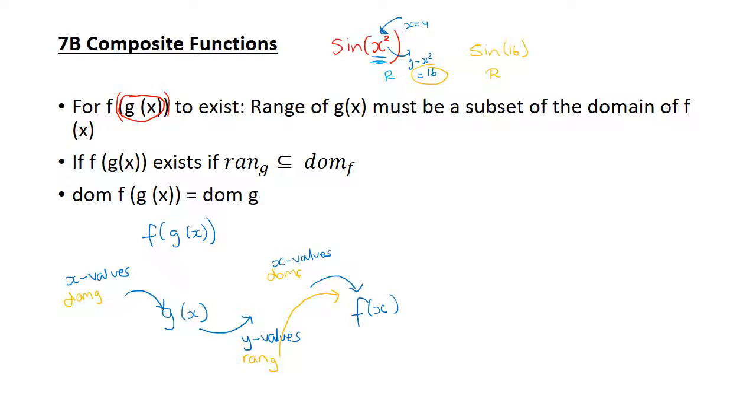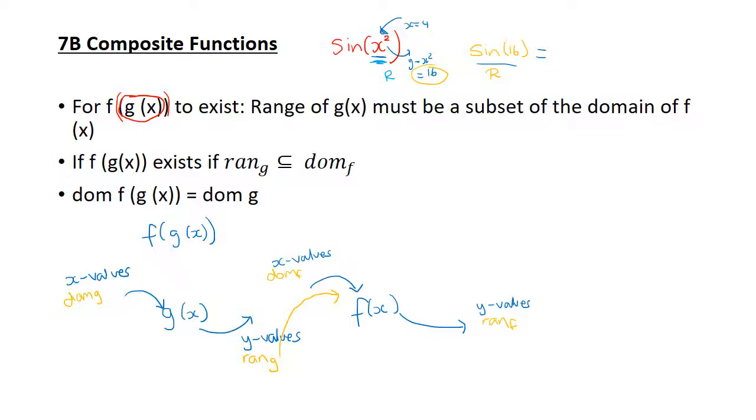So we put in our domain of f, and what comes out is our y values again once I substitute in x values. So once I substitute in sine of 16, I will get a particular y value, which is otherwise known as our range of f.